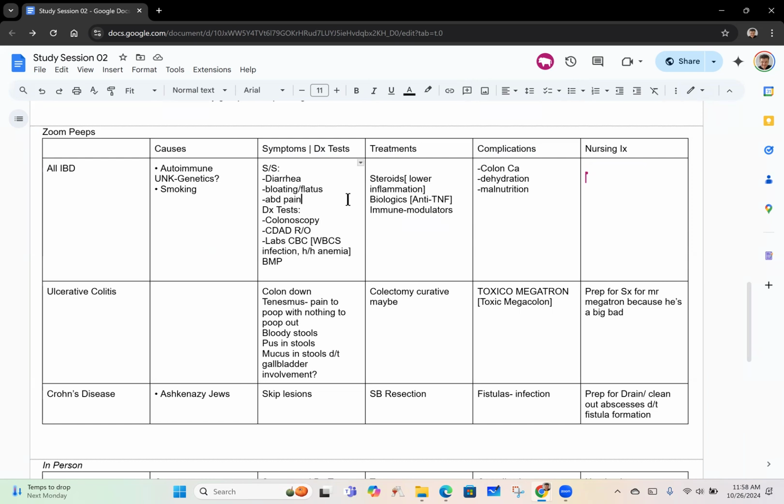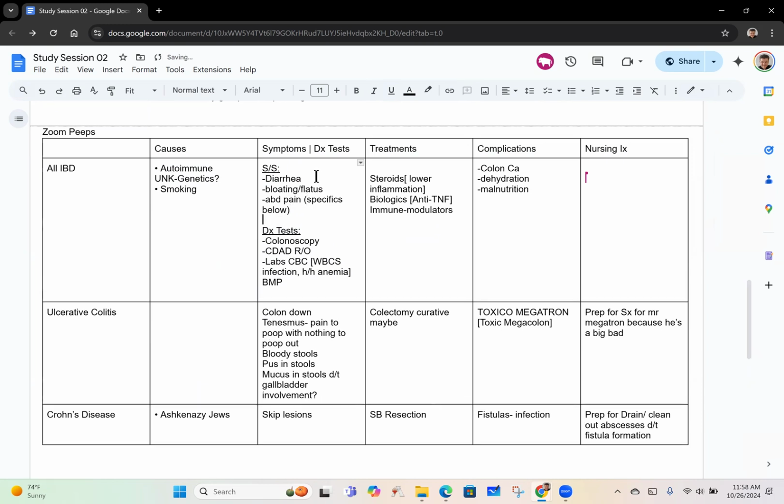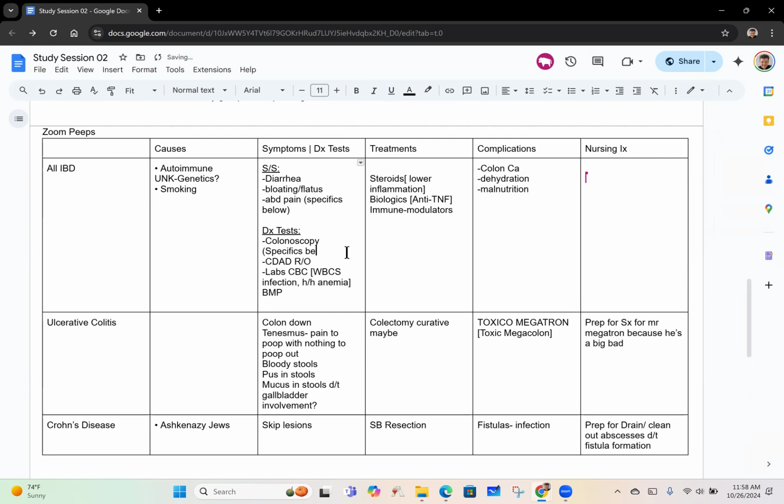Okay, so then symptoms. What are the symptoms? Good. You got abdominal pain, right? And specifics below, because one's gonna be on the right, one's gonna be on the left, right? So diarrhea, bloating, they're not gonna feel good. And then diagnostic tests, yep, definitely colonoscopy, specifics below, right?